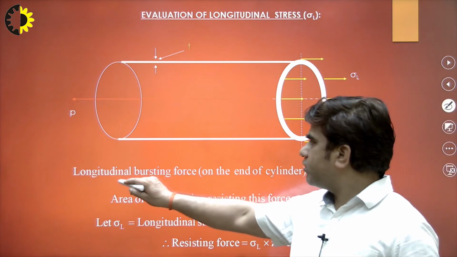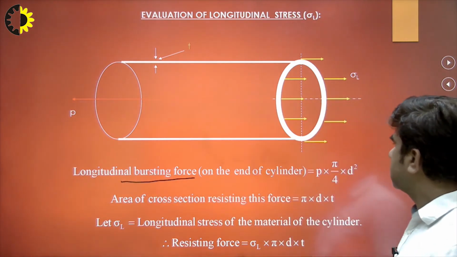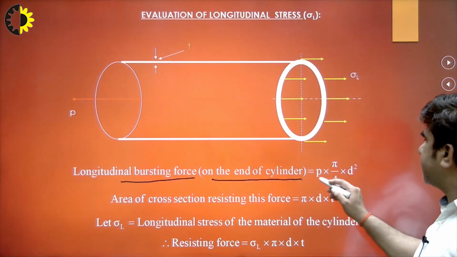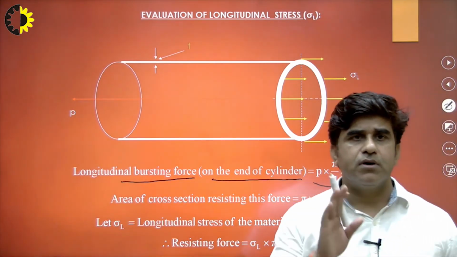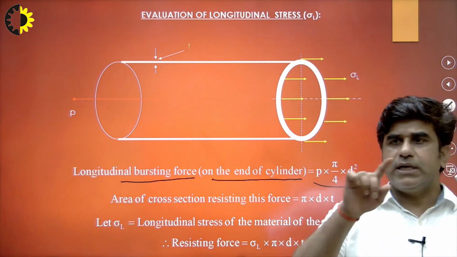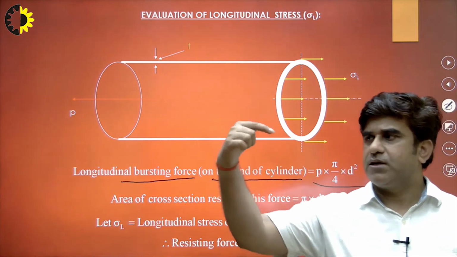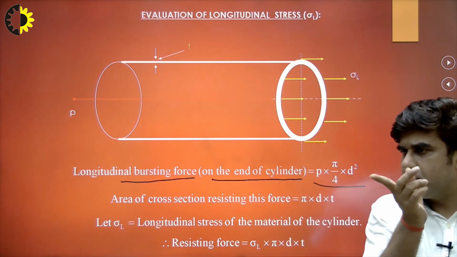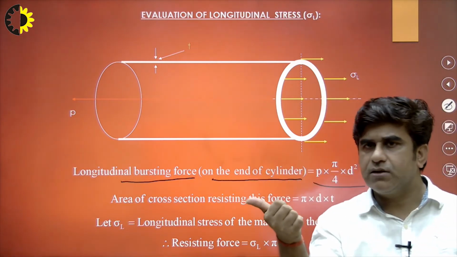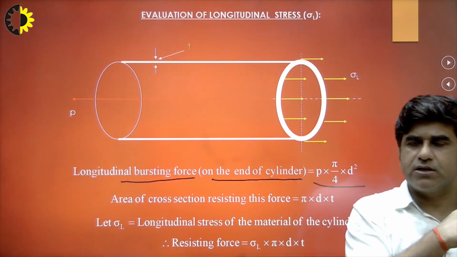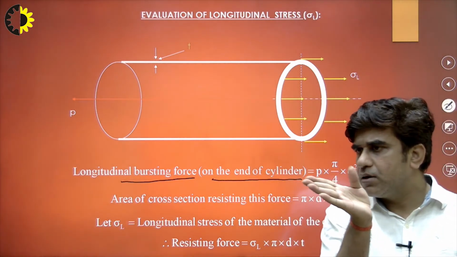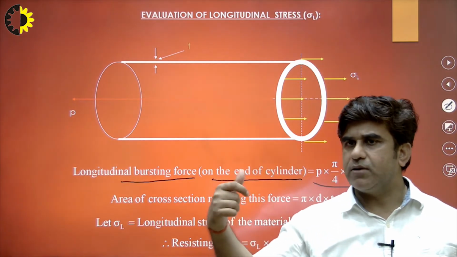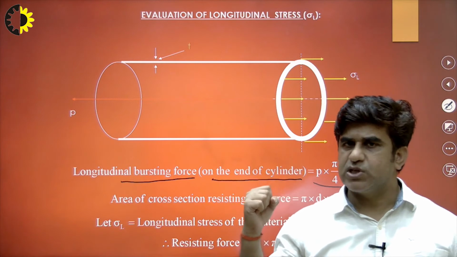So here the longitudinal bursting force which acts on the end of the cylinder is P into pi by 4 d square. If it is a cylinder, these are the ends and this cylinder is under pressure P. This is the direction of pressure, which will act perpendicularly on the circular end of the cylinder.